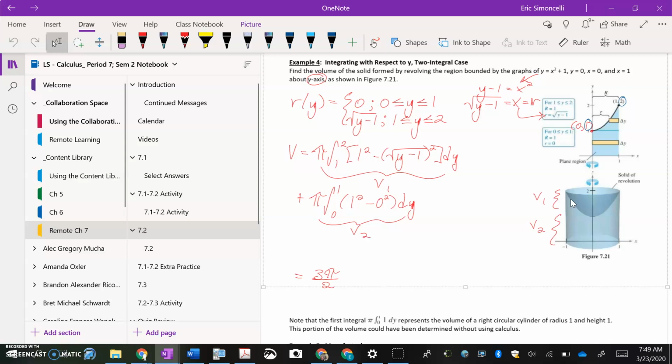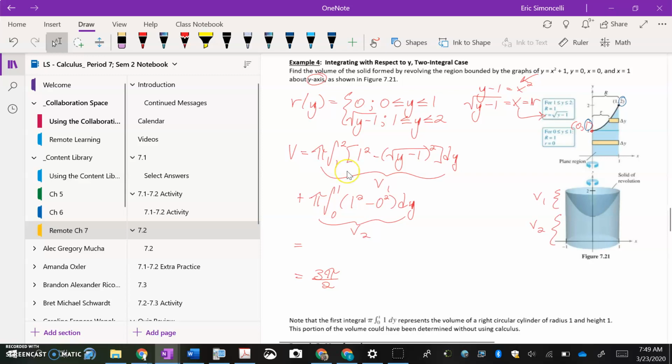Now, yes, we did come up with the answer of 3 pi over 2, but what I didn't finish was filling in the gaps of the actual math that led to 3 pi over 2. So let me go ahead and do that. It shouldn't take but a little bit to do the analysis.